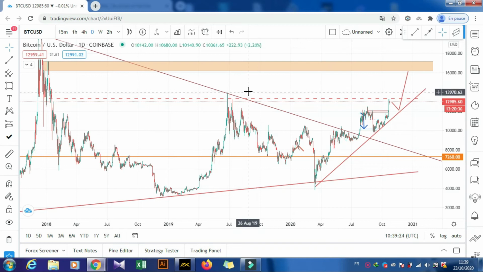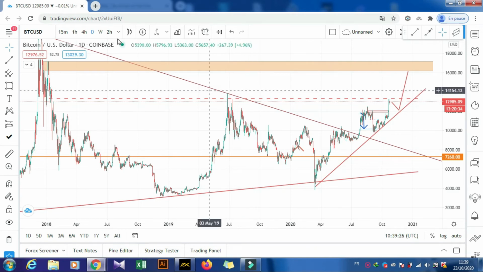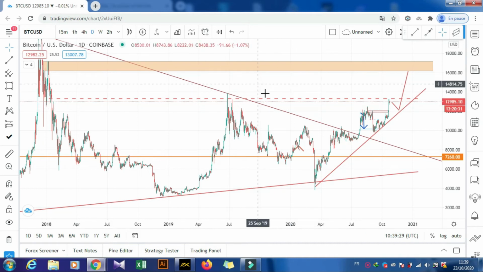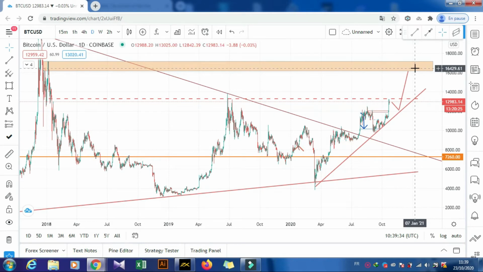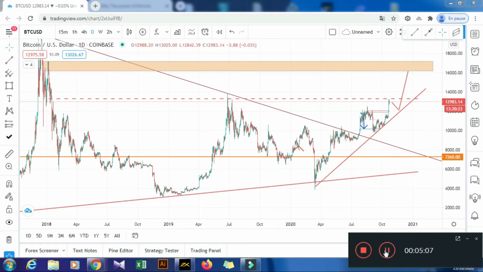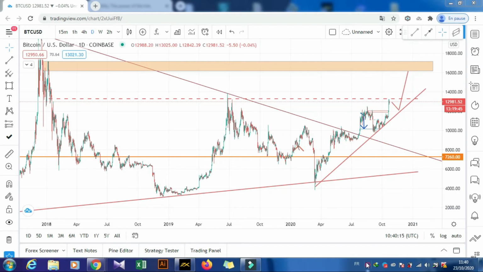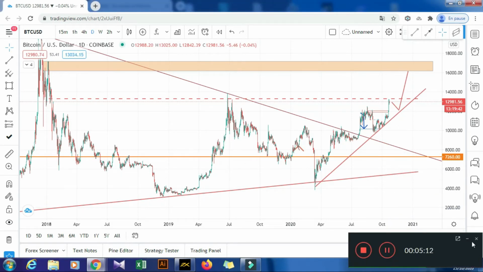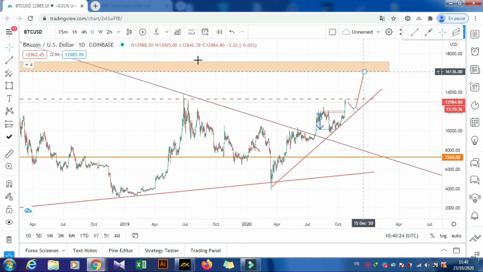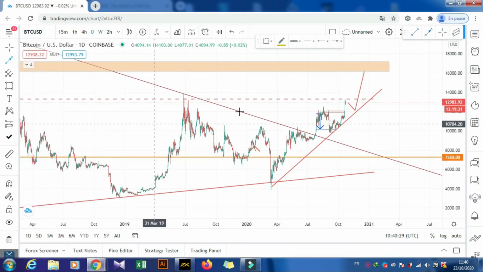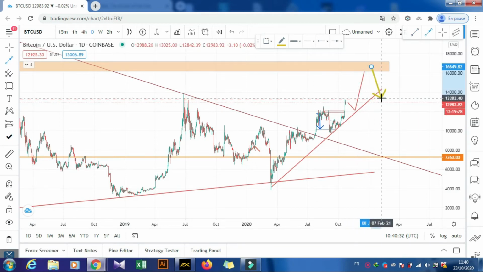We could see this is the fake out zone right here, but the price may go up and down from here. As I said, if the price goes here, maybe we're going to go bearish from this area to the first goal, and why not a second goal.